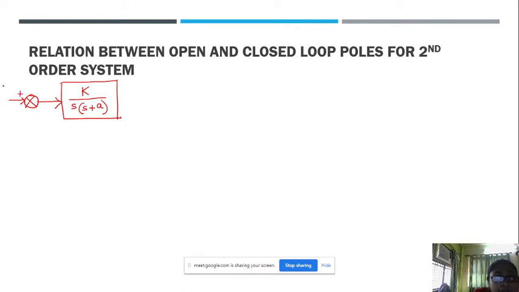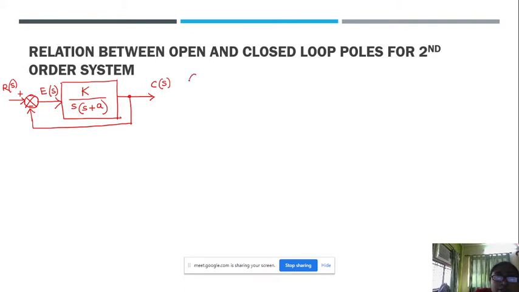This is the input R(S), this is the error signal E(S), this is the output C(S), and C(S) is fed back to this comparator. So now the system is a closed loop with H equal to 1.